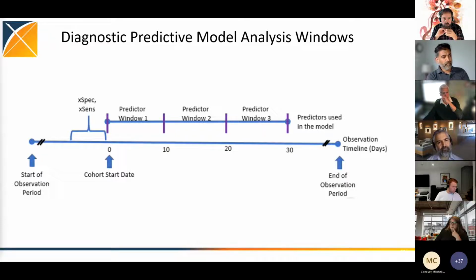And the way we built that is, imagine this is the timeline for the person's history. We have 3 predictor windows, each of 10 days, and we pull out features within each of these 3 windows. And that allows for a good precision of the model using those characteristics.